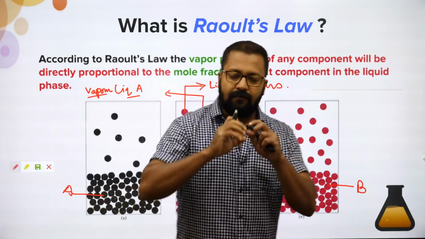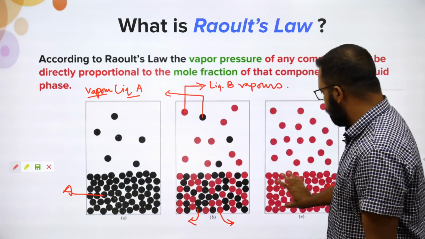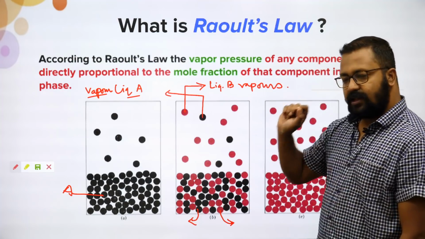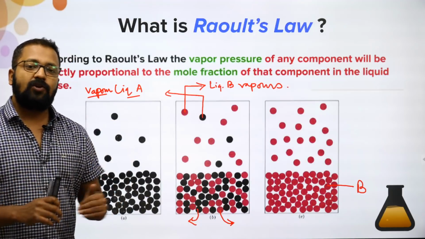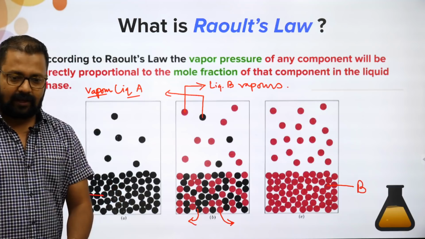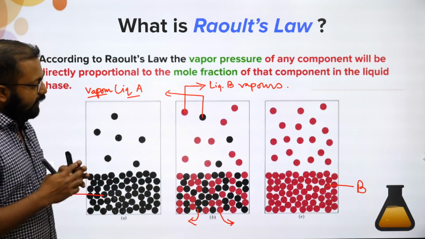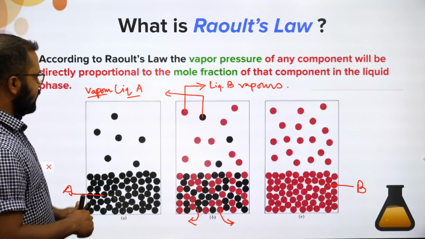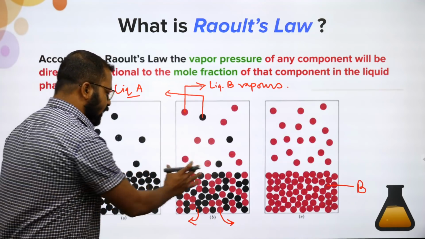So in the vapor phase there would be contribution from liquid A as well as liquid B. It won't be that only liquid A evaporates, or only liquid B evaporates; both evaporate together.